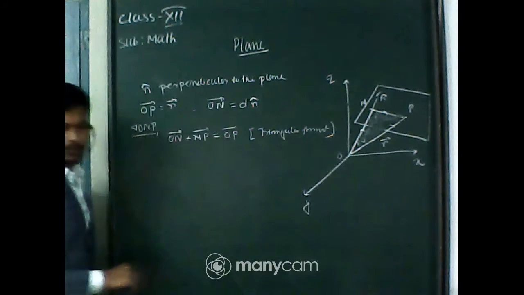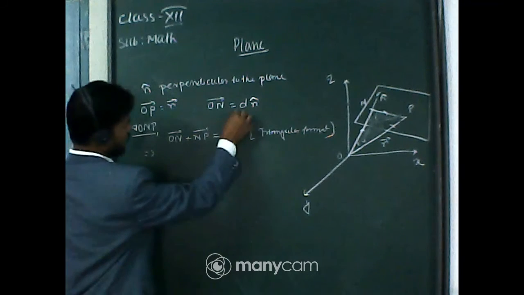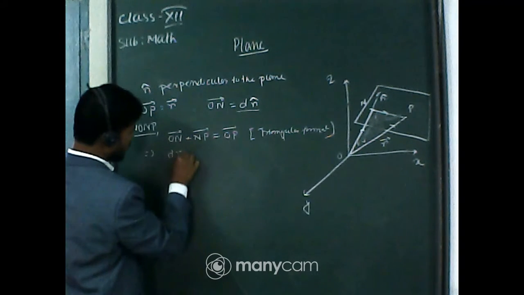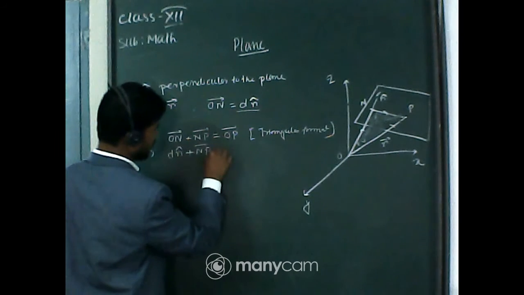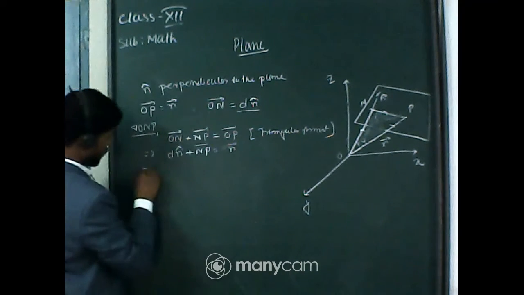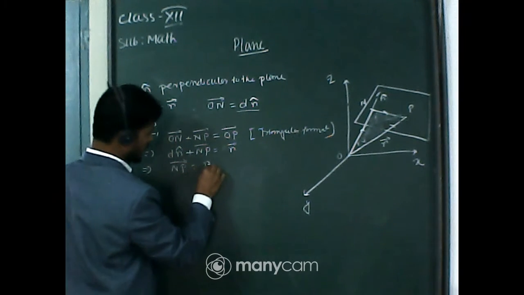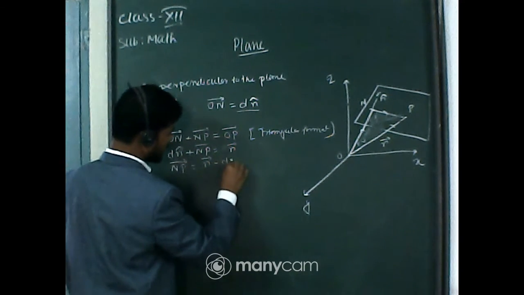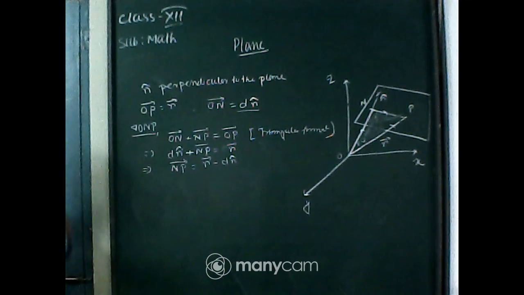Now put the value. The value of ON is d n hat, plus NP vector is equal to OP vector, meaning r vector. So from here we can calculate NP as r vector minus d n hat vector.